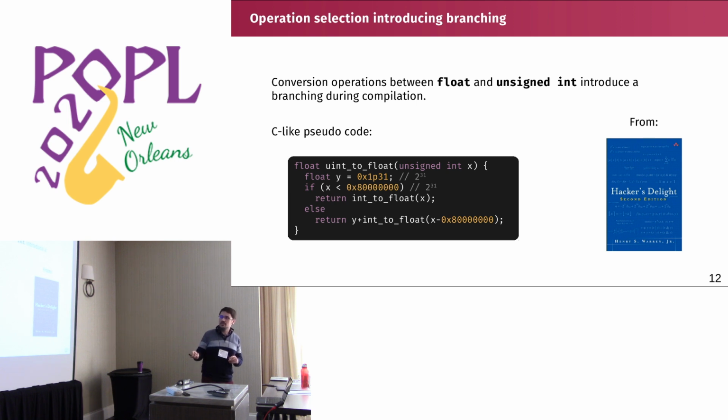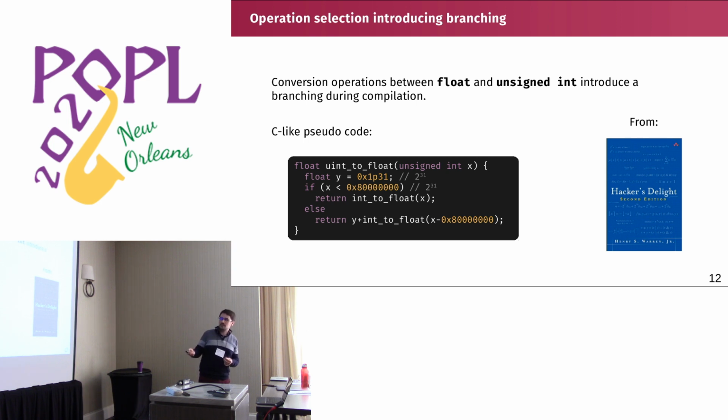Here I'm presenting the pseudocode that the compiler will introduce if you compile a program performing such an operation. It will use what I've written as int to float, which is a primitive that uses signed int to float conversion, which we can use.